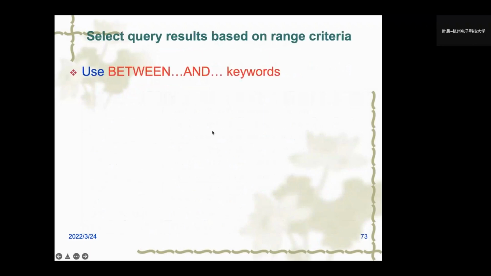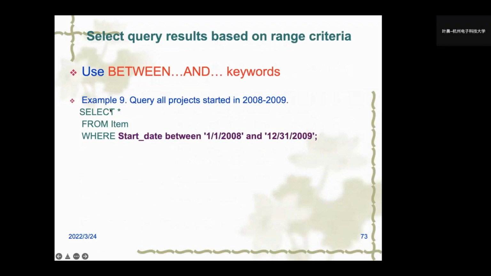Here we can see how to use the between and keywords. Let's give an example. For example, query all the projects that start from 2008 to 2009.